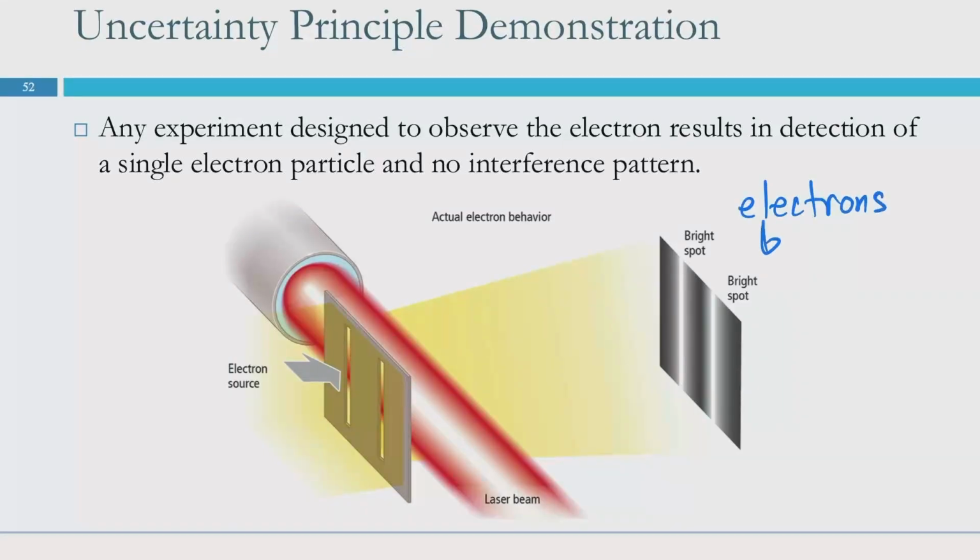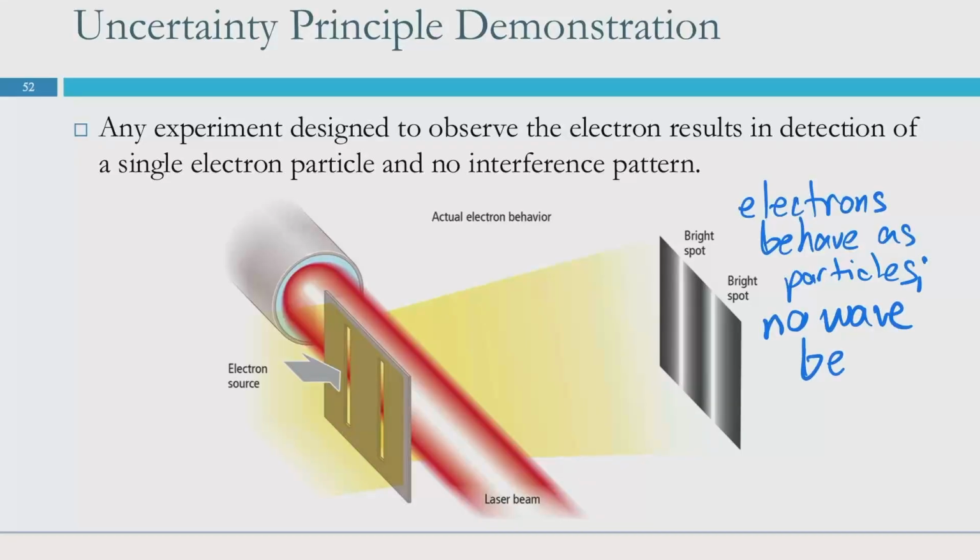So the electrons behave as particles, and no wave behavior is observed. The big part of the uncertainty principle is we can know a lot about one and we wouldn't know about the other. We can know a lot about the other and we wouldn't know much about the one.